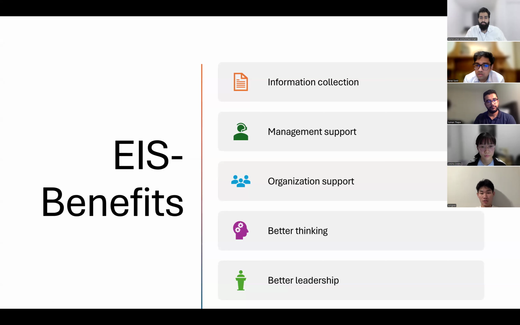For executives, EIS offers better decision making by reducing the time needed to make choices during emergencies. Last but not least, EIS strengthens leadership by improving communications between departments, allowing smoother coordination and collaboration.